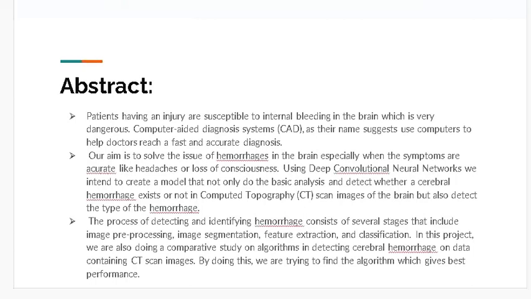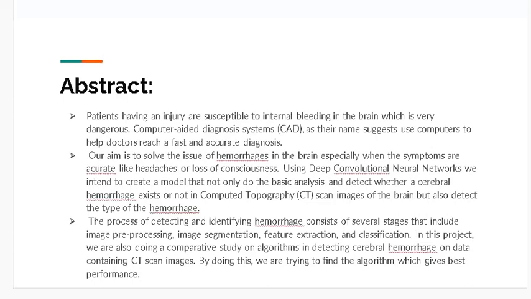Abstract. Patients having an injury are susceptible to internal bleeding in the brain, which is very dangerous. Computer aided diagnosis systems, CAD, as their name suggests, use computers to help doctors reach a fast and accurate diagnosis. Our aim is to solve the issues of hemorrhages in the brain, especially when the symptoms are acute, like headaches or loss of consciousness.